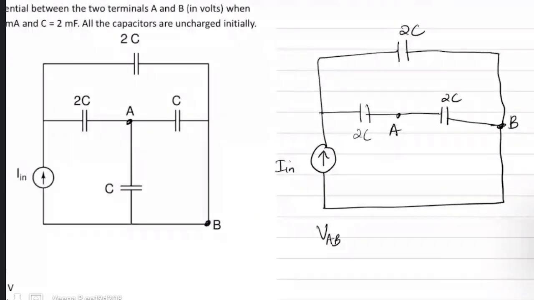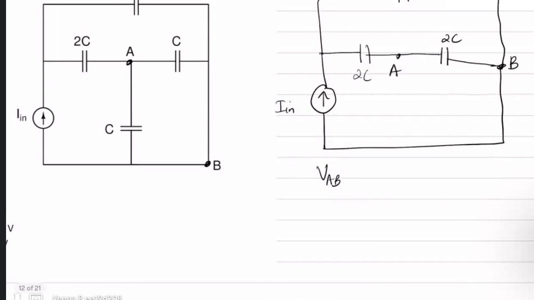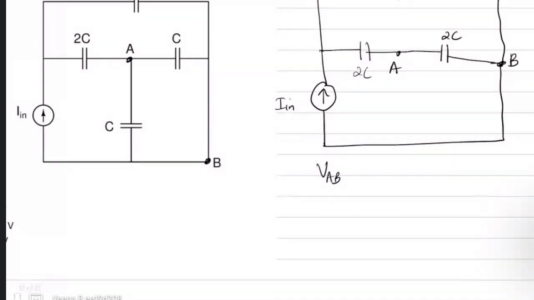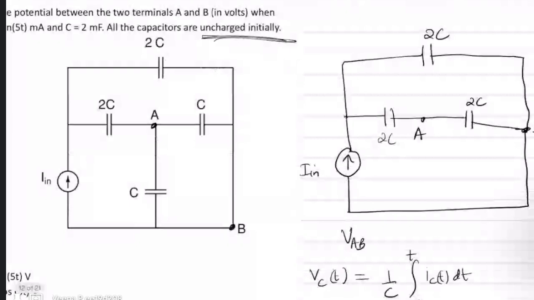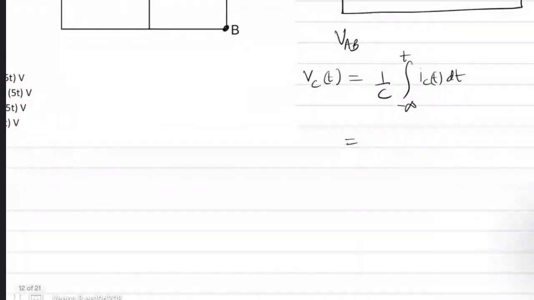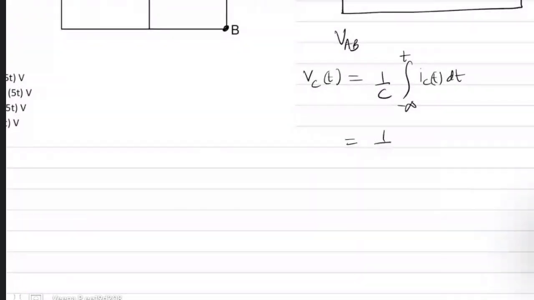So now we are asked to find the voltage across the 2C capacitor. Now as I have discussed in the previous question, the voltage across a capacitor Vc of t at any time t is 1 by C integral minus infinity to t Ic of t dt. Since all the capacitors are uncharged initially, there is no initial voltage stored in the capacitor. So this is 1 by C integral 0 to t Ic of t dt.